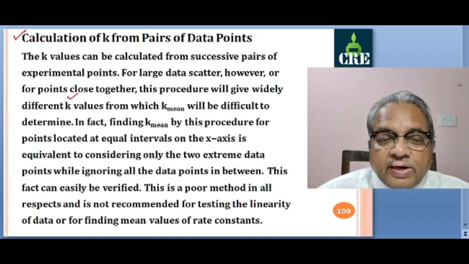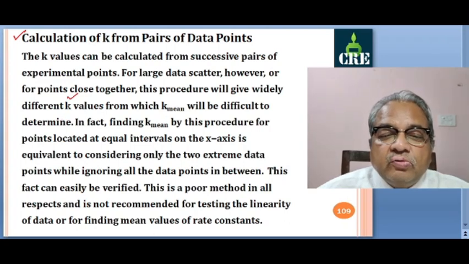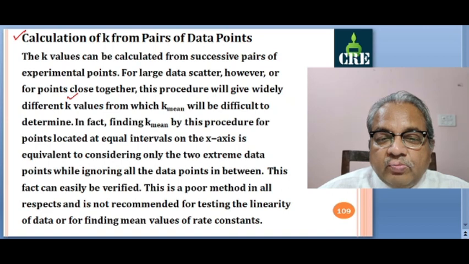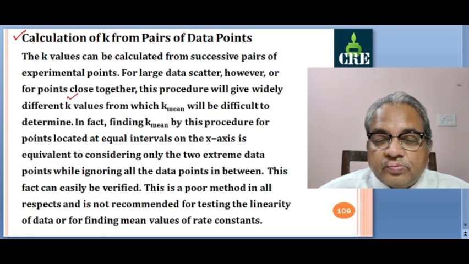Widely different means there is a large variation. So the mean value of k is difficult to determine. Even if you determine it, that value will not be the best or proper value. In fact, finding k mean by this procedure for points located at equal intervals on the x-axis is equivalent to considering only the two extreme data points while ignoring all other data points in between.